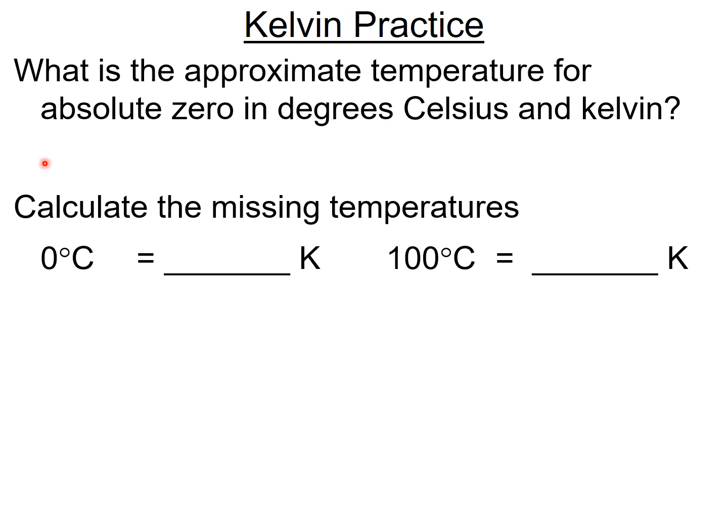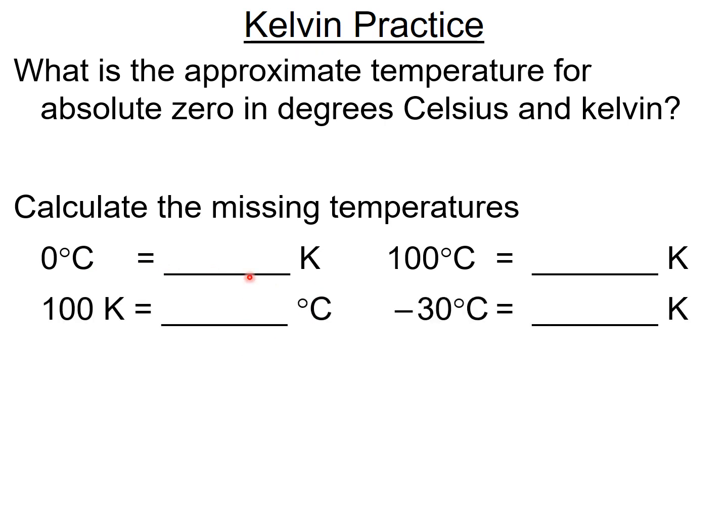So when you try to calculate 0 degrees Celsius to Kelvin, you use the equation that I gave you earlier, it would give you in here 273. You can do that also to the other missing temperatures here. For example, if we have 100 degrees Celsius and you want to convert it to Kelvin, according to the equation a while back, it's just degrees Celsius plus 273, so you would have 373 Kelvin in here.